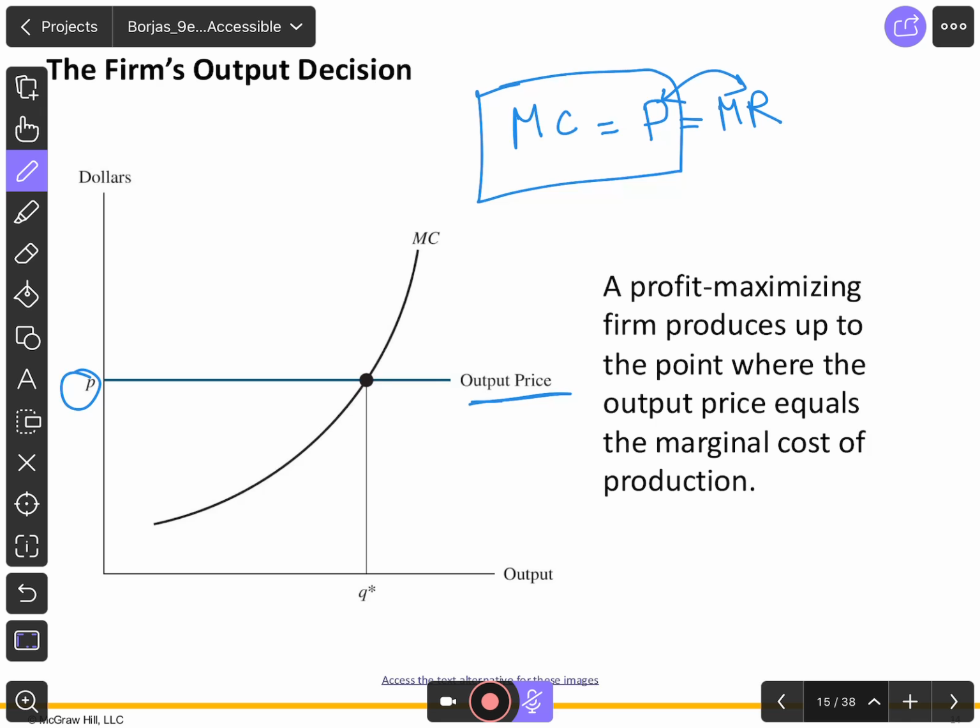As you can see, it's constant along the way. At any level of production, we have the same price. Again, it's not realistic, but these are the assumptions of the theory. So they're going to produce up to the point where the marginal cost equals the marginal revenue, or the output price. And this is the optimal amount of production, which is Q star.